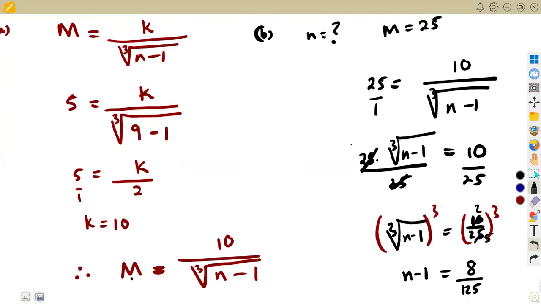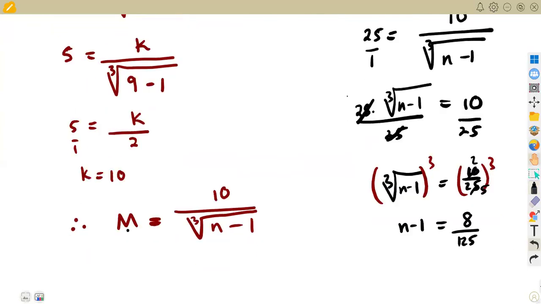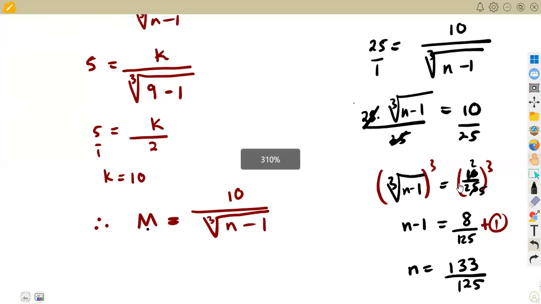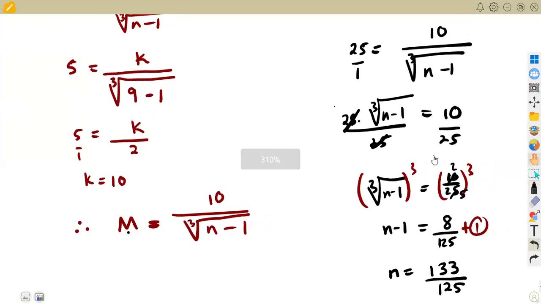So to obtain the value of n, we just transpose 1 to the other side, and it becomes a positive 1. If we add 8 over 125 plus 1, this gives us 133 over 125. You can leave it like that, that's the exact value. As a decimal it is 1.064, it's up to you, or you can just leave it as an improper fraction.